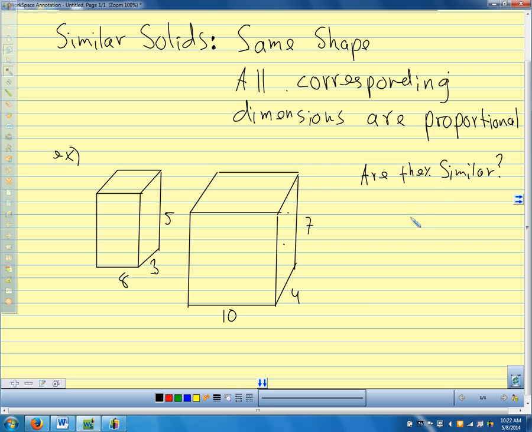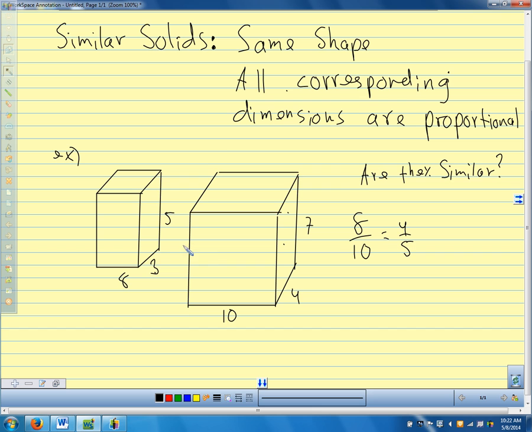To decide if they're similar, we have to match corresponding sides. On the smaller prism, what are we going to match with the 8? The 10. So 8 is the biggest side. We're going to match the big side with the big side. 8 over 10 will reduce to 4/5.